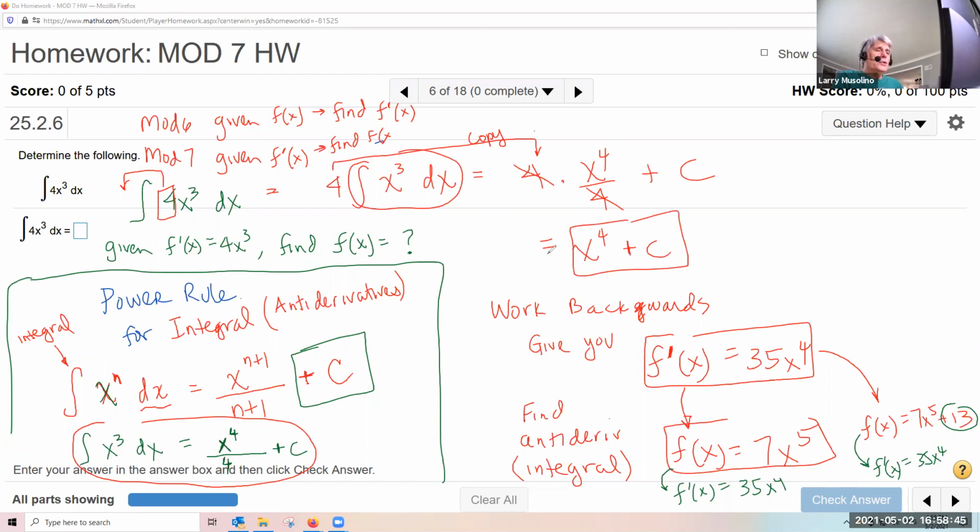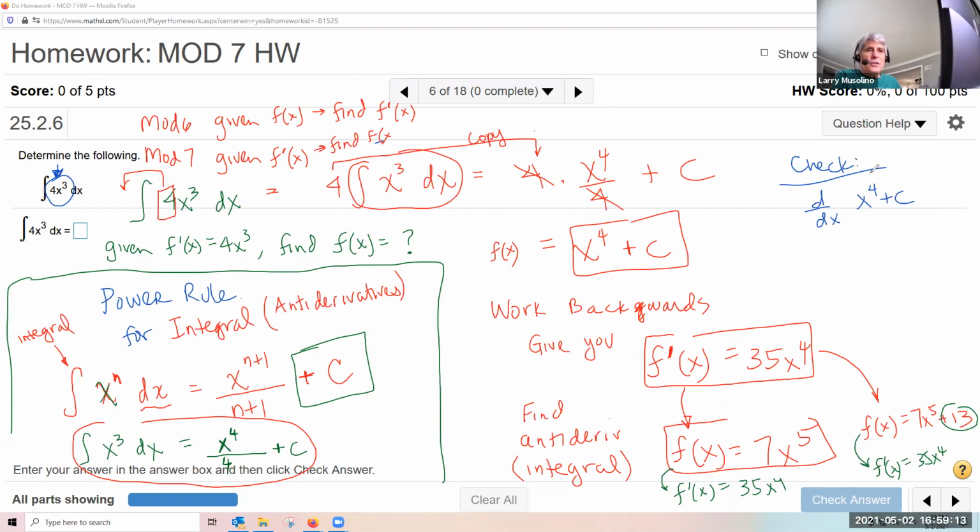Well, the good news for these kinds of problems, and by the way, remember, this is really the original function. The original function here is x to the 4 plus a constant. The good news is I can check my answer on these kinds of problems. If I wanted to check my answer, I could take the derivative of x to the 4 plus a constant. I'm taking the derivative of my answer. I should get back to this derivative function that I started with, 4x to the 3rd.